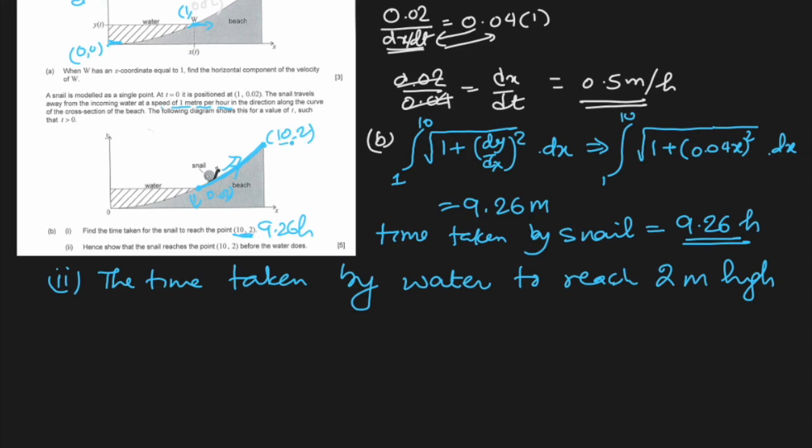Why? Because it is 10.2. That means the y component has increased by 2, and that is what we will use. So distance divided by the speed at which it is rising, 0.2 meters per hour, gives 10 hours.